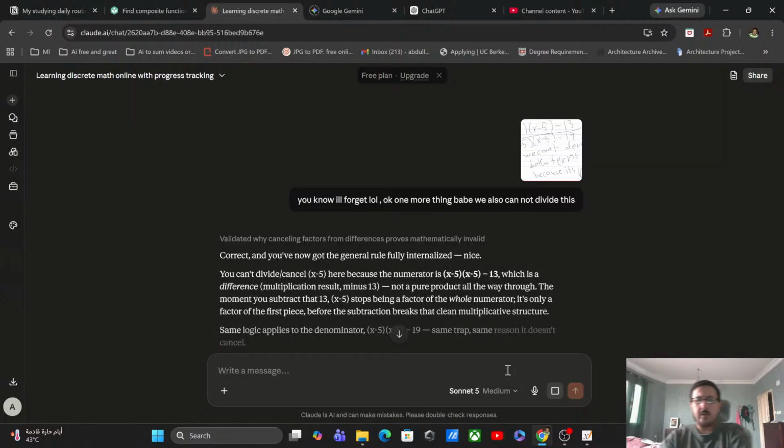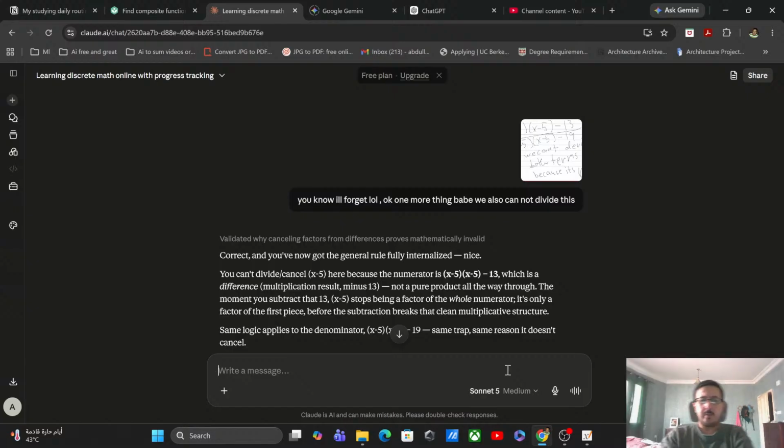Correct, and you've now got the general idea fully internalized. Nice. You can't cancel here because the numerator is a difference, not a pure product all the way through.